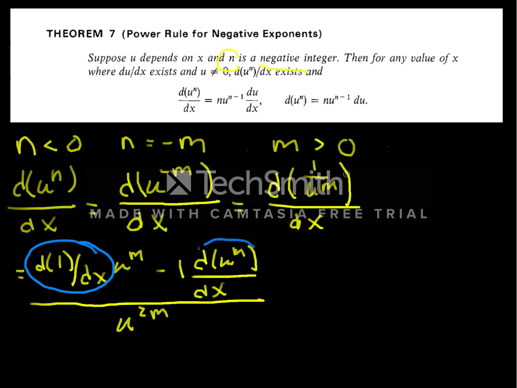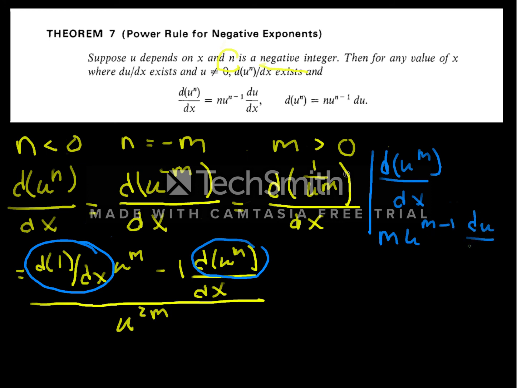And this derivative right here, we know from our basic power rule, because m is positive, the derivative of u to the m with respect to x is equal to m u to the m minus 1 du/dx.